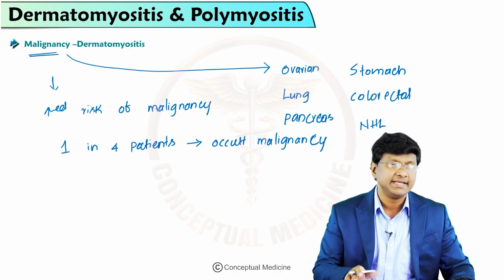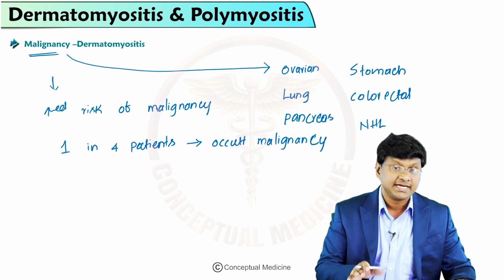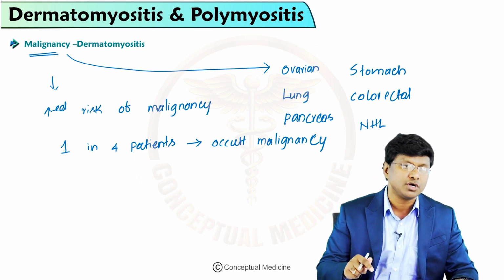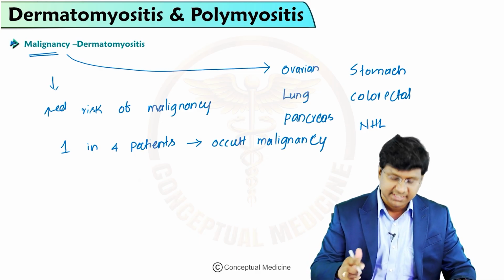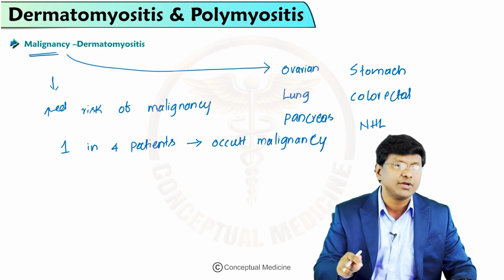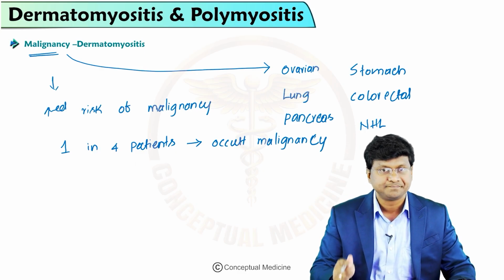So these are the malignancies that are most commonly associated with the dermatomyositis, right? The most common one will be ovarian malignancy and the least common one will be non-Hodgkin's lymphoma. Even that can also be asked as a multiple choice question.